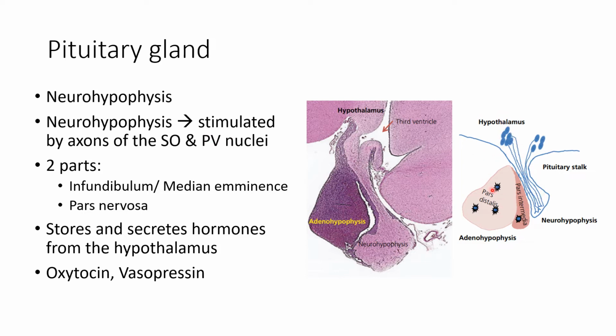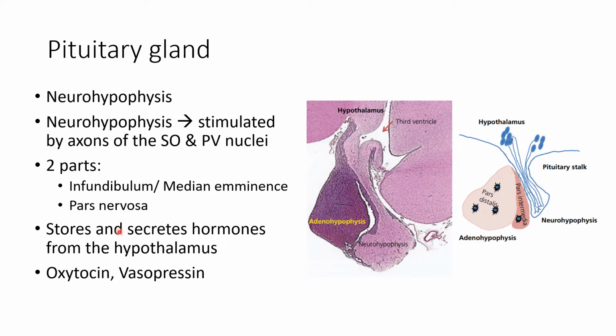Compared to the adenohypophysis, which receives its signal, or the releasing and the inhibiting hormone from the hypothalamus via the hypophyseal portal system, the neurohypophysis, kaya nga siya neuro, receives the stimulation directly from the nuclei that are found in the hypothalamus, primarily your SO and your PV nuclei, your supraoptic or paraventricular nuclei.